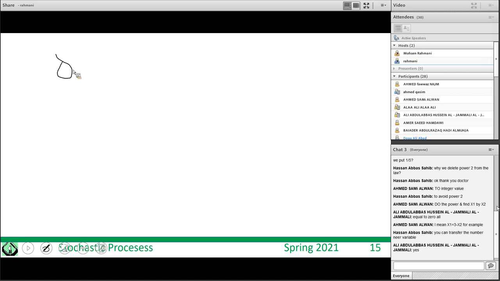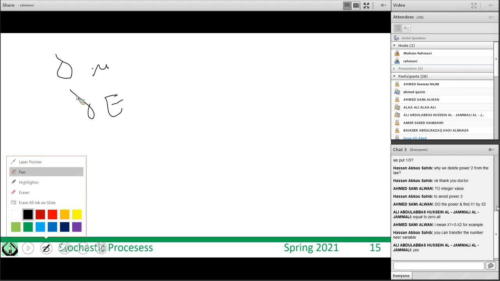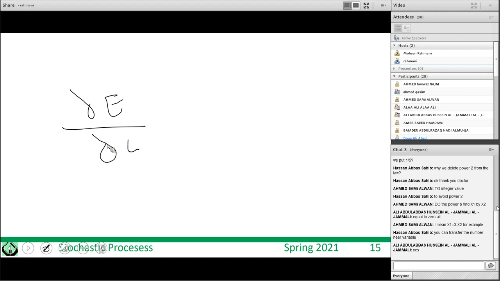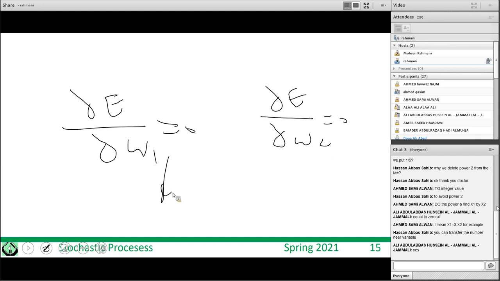We say that the partial derivative of error over W1 is 0, and the partial derivative of error over W2 is 0, and this gives me an equation, and by solving these equations we can find W1 and W2. This is a classical and normal solution for the problem. How do we minimize a function?